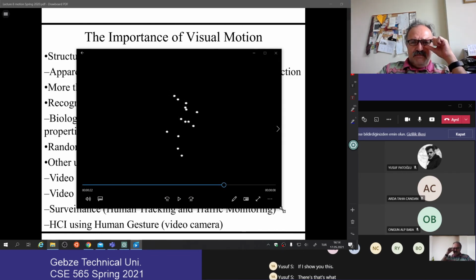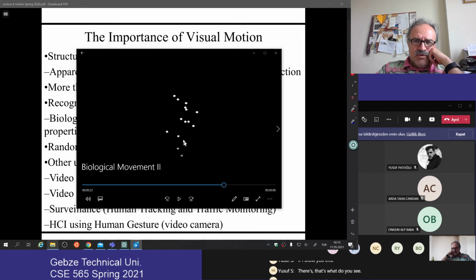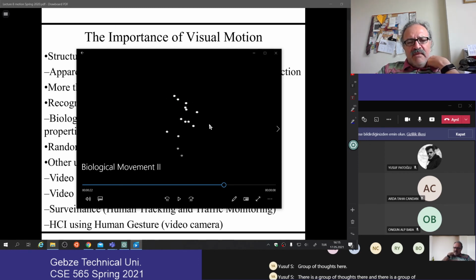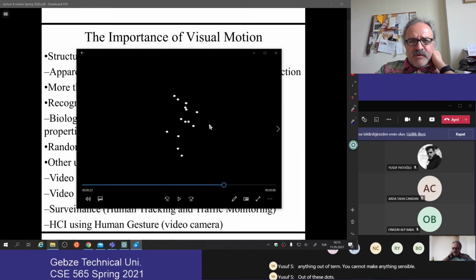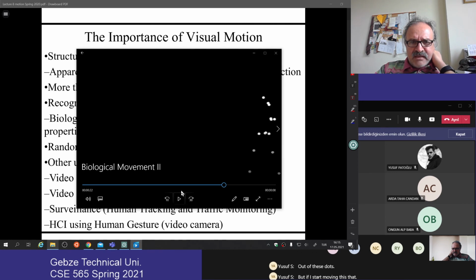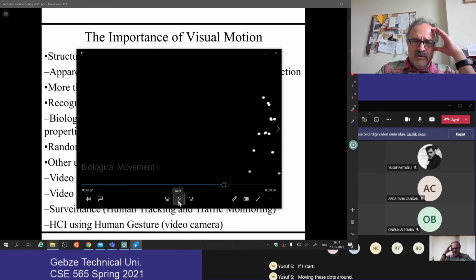What do you see? It looks like there is a group of dots here, a group of dots there, and a group of dots there, but you cannot make anything sensible out of these dots. But if I start moving these dots around, you will notice something.